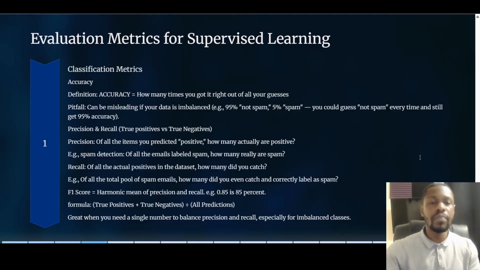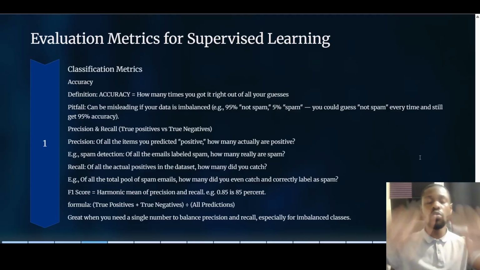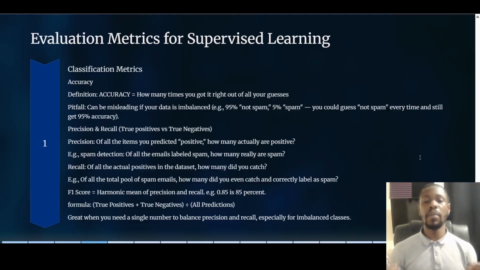Recall says that of all the actual positives in the dataset, how many did you catch? If we look at our spam example, of the total pool of spam emails, how many did you even catch and correctly label as spam? So let's say we have 100 emails, and out of those 100 emails, 60 were spam, but you managed to catch 50.